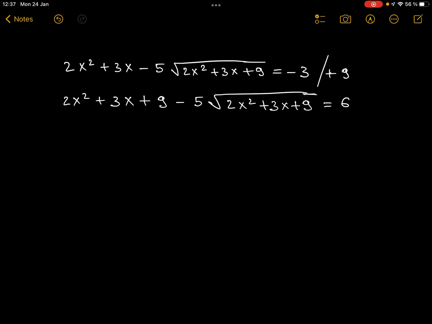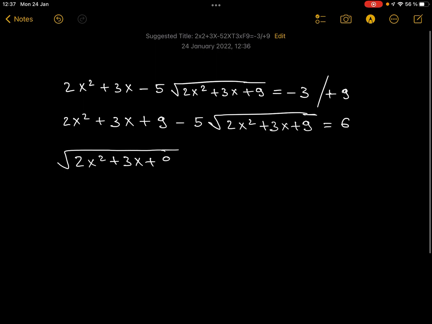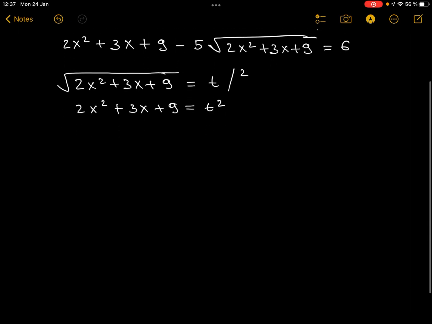I'm going to say that the square root of 2x squared plus 3x plus 9 is equal to t. Now when we square both sides, we will get that 2x squared plus 3x plus 9 is equal to t squared.